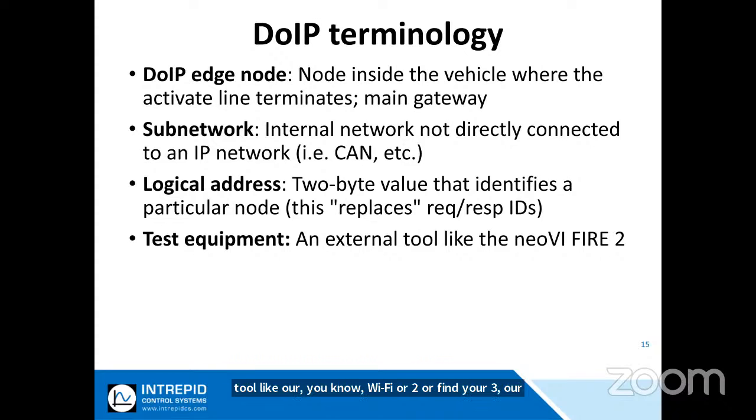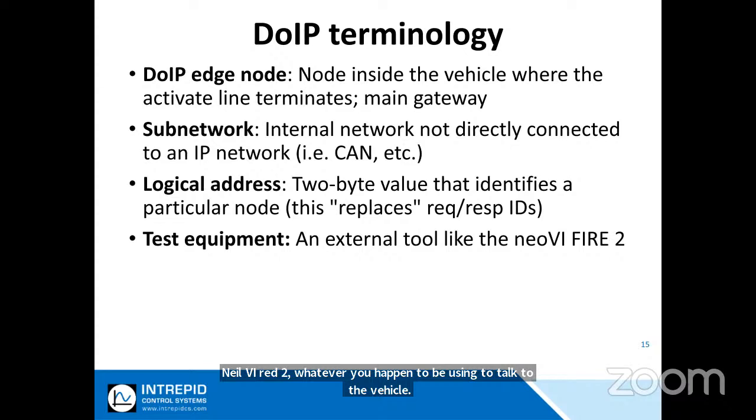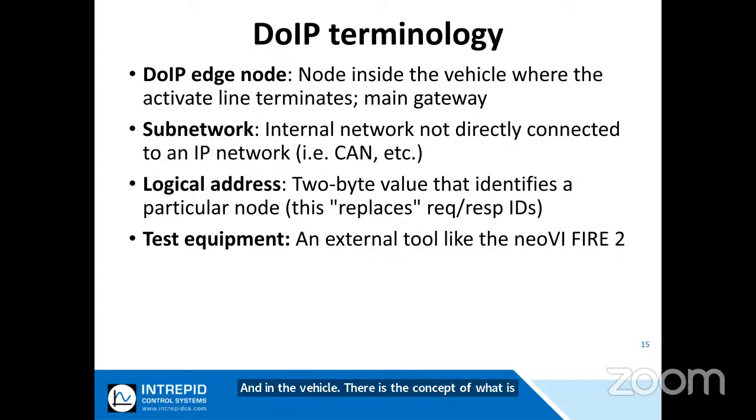And in the vehicle, there's the concept of what is called an edge node. Essentially, that is the device, the box, the node inside the vehicle that actually accepts and answers back to all the DoIP requests and responses. It is the middleman between us as a test tool and the rest of the vehicle, okay?